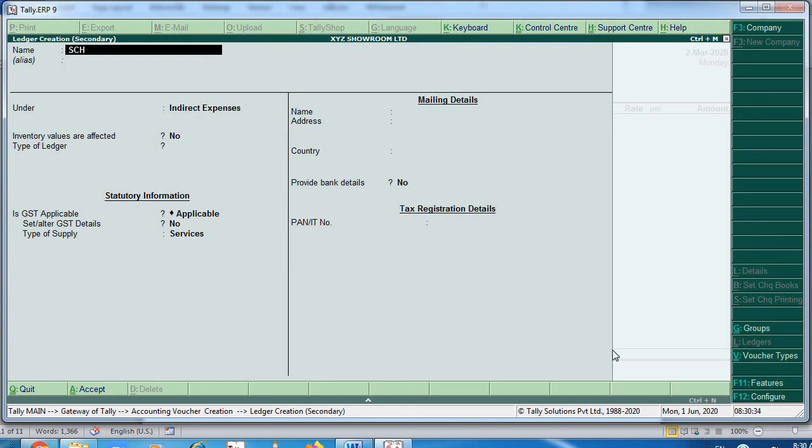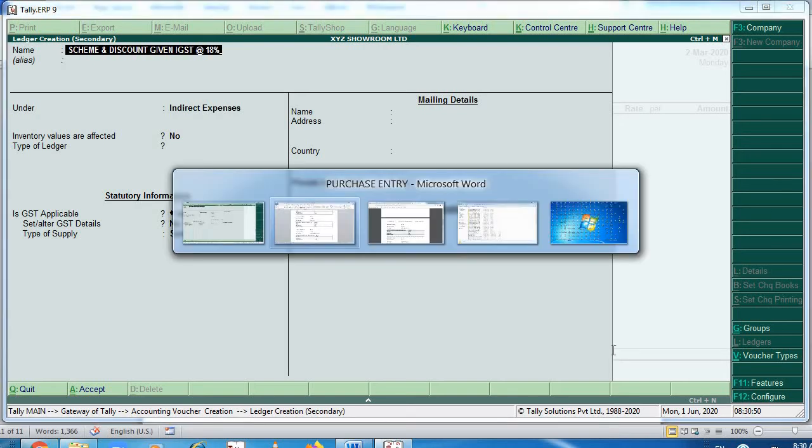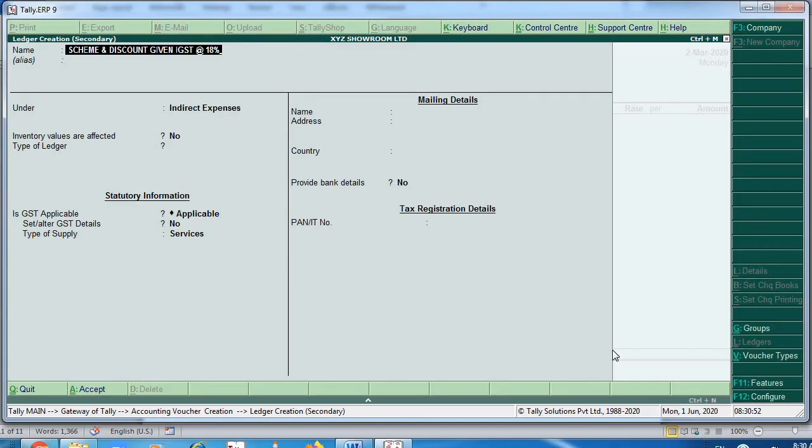This will be scheme and discount given IGST at the rate 18%. Perfect. Enter, indirect expense, enter, applicable.